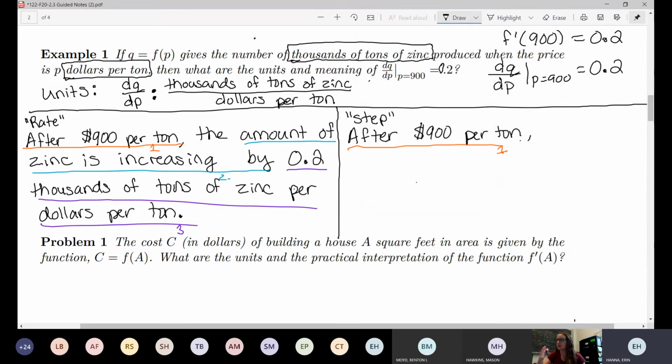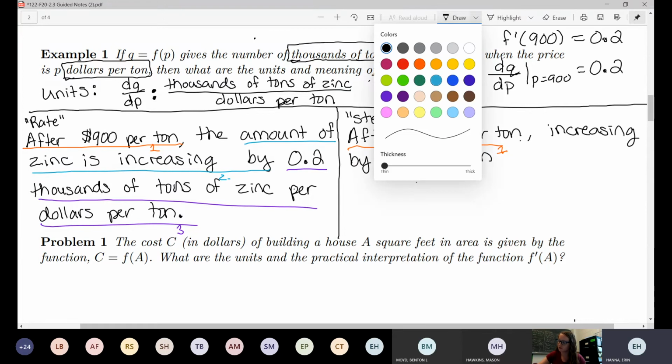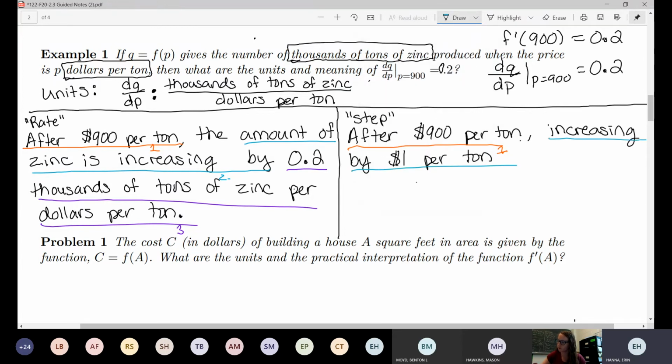And then we essentially want to say that we increase the x value by 1. It's always increasing the x value. So increasing by $1 per ton. So that's step 2 for the step way.